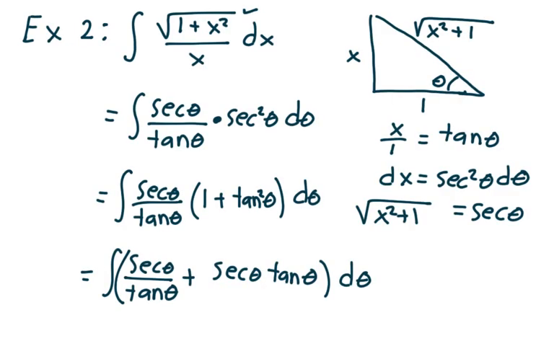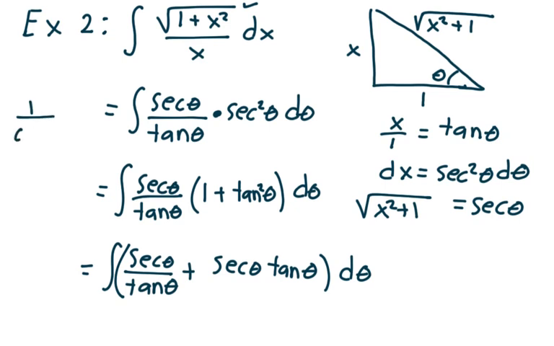So I claim, if we're not sure, secant theta is 1 over cosine theta. Tangent theta is sine theta over cosine theta. But the cosine thetas cancel, and remember that 1 over sine theta ends up being cosecant theta. Okay?